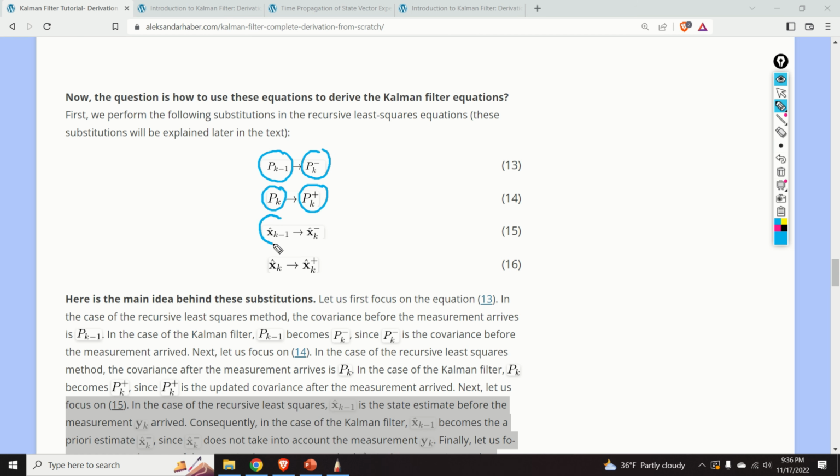Then xk minus 1 hat in the recursive least squares method becomes xk minus hat in the Kalman filter, and similarly xk hat in the recursive least squares method becomes xk plus hat in the Kalman filter.